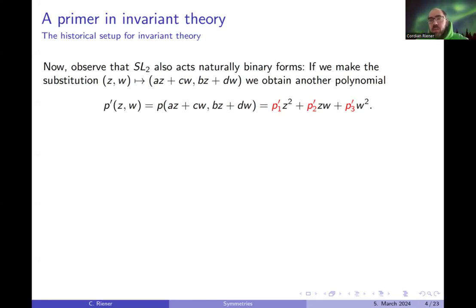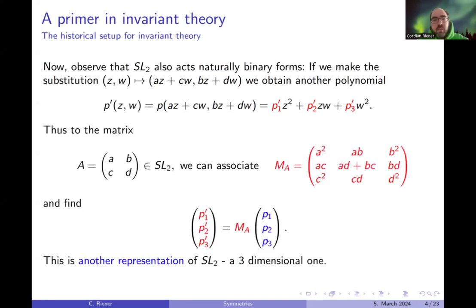Okay, that's not too hard to see. So actually what we were doing is, I take a 2 by 2 matrix out of this special linear group, and I make this group act on a three-dimensional space just by doing the transform of coordinates and checking how these new coefficients come from the old coefficients.